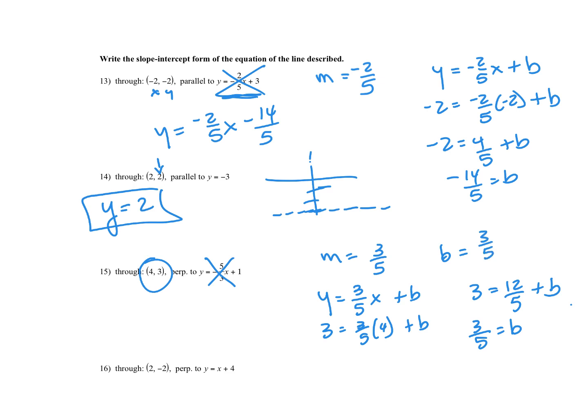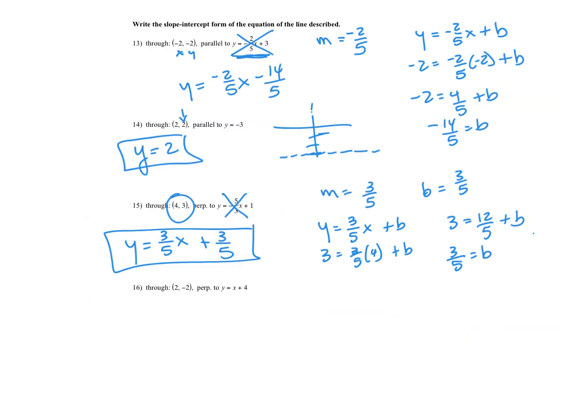So number 15 should be y equals slope with an x on it plus the b. If this guy is perpendicular and the slope of this guy is 1, the opposite reciprocal of 1 is -1. So we know we need to find the b.